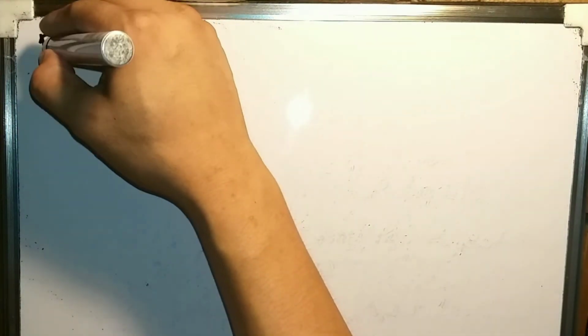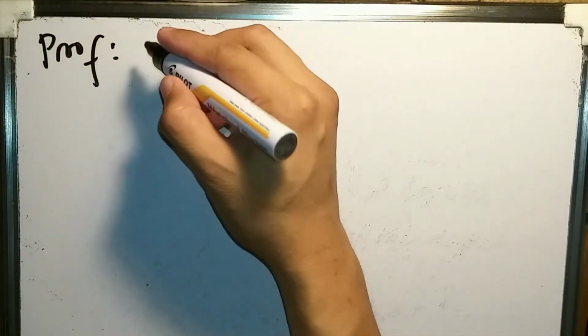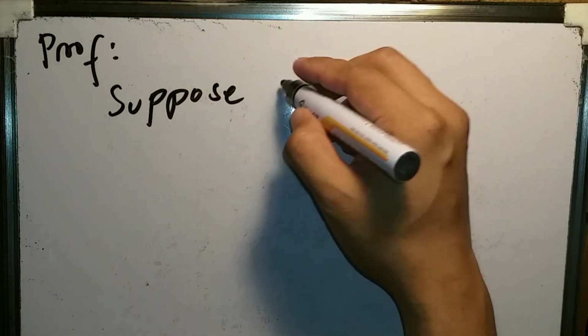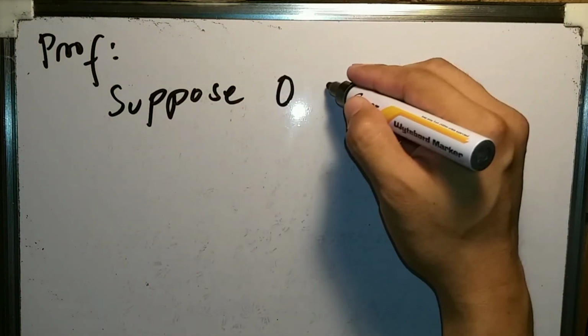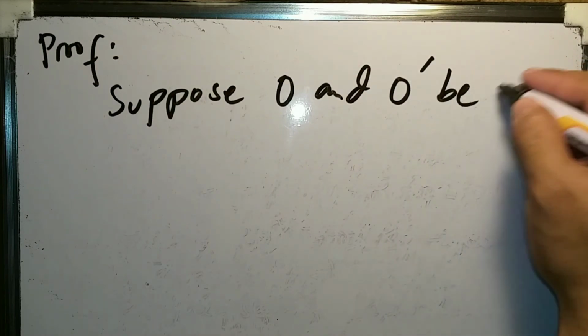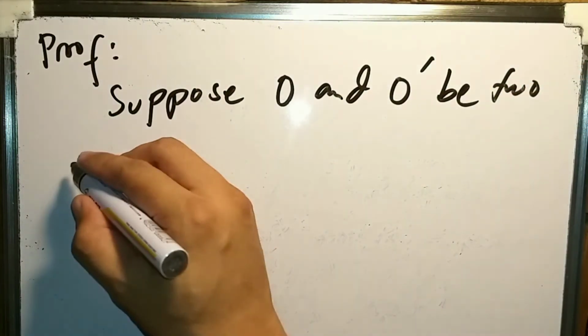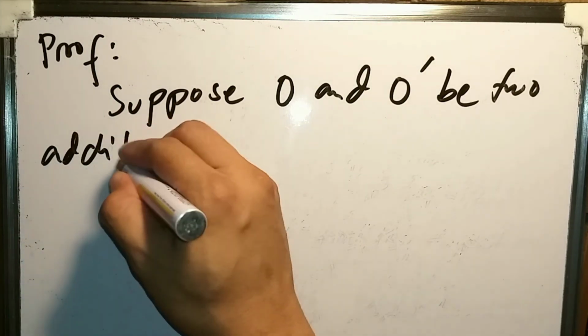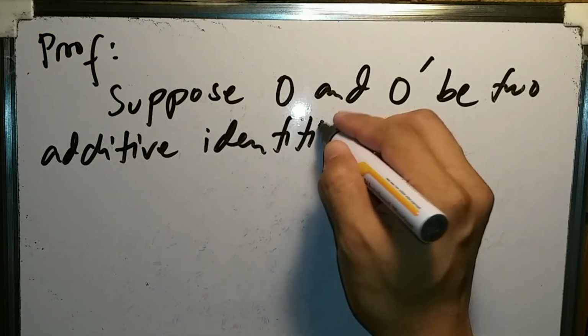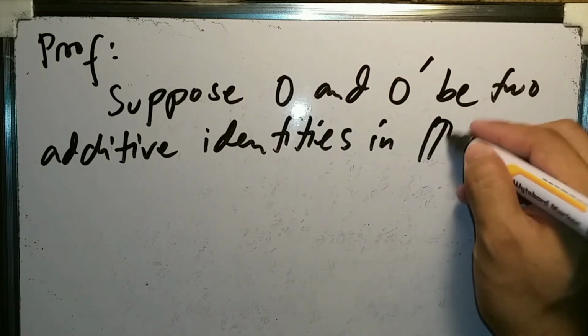For the proof, we suppose we have 0 and 0 prime be two additive identities in R.